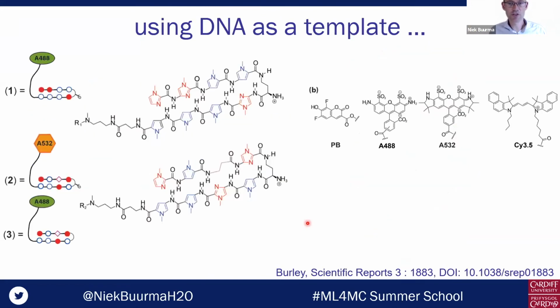But you can, of course, change that, and that is what was done by the group of Burley and Glasgow. And they used the recognition ability of these hairpin polyamides, but they then connected chromophores to the hairpin polyamides.